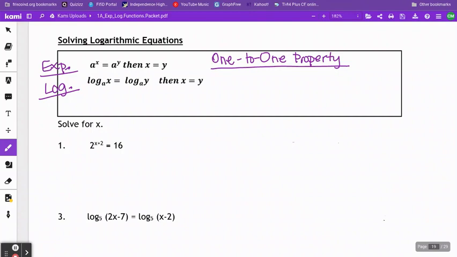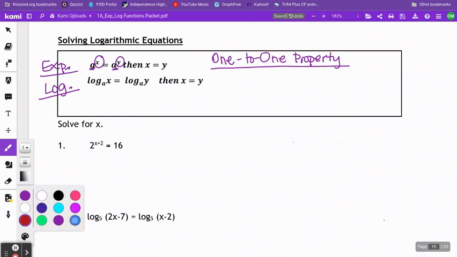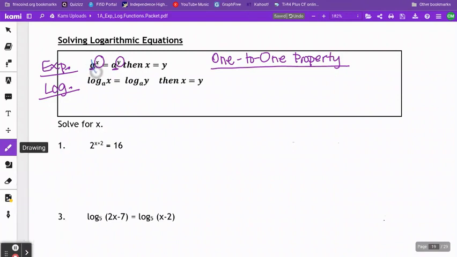We even said it's sort of like having the exponents themselves cancel out. And the same thing goes for logarithms.